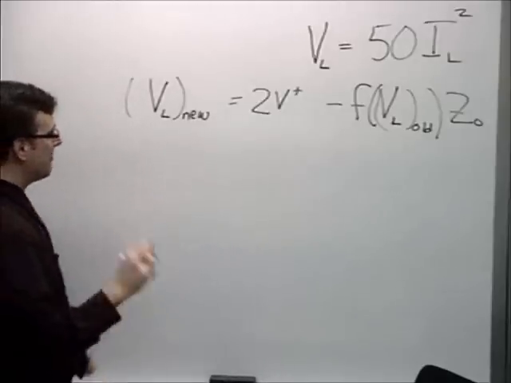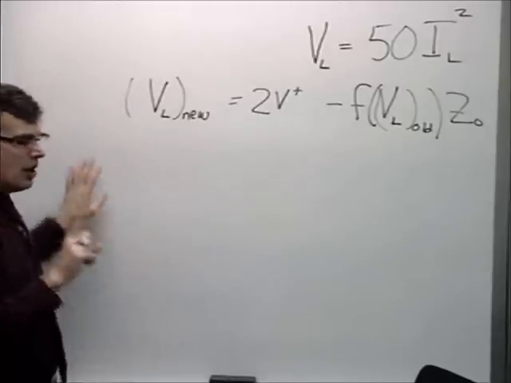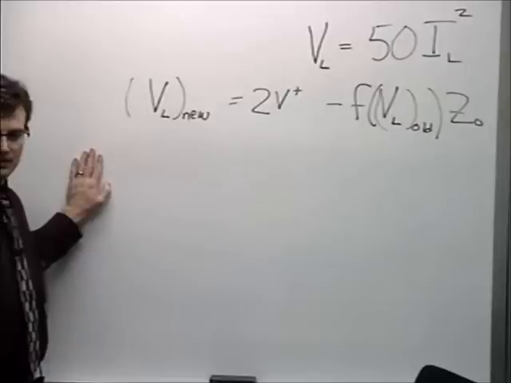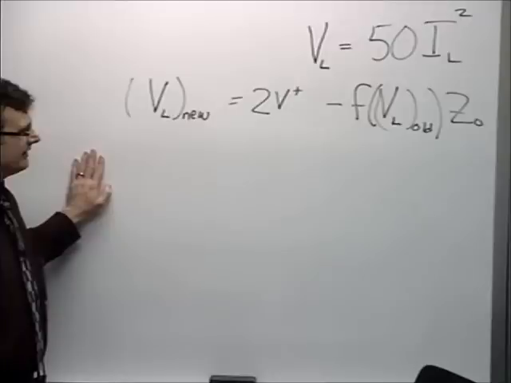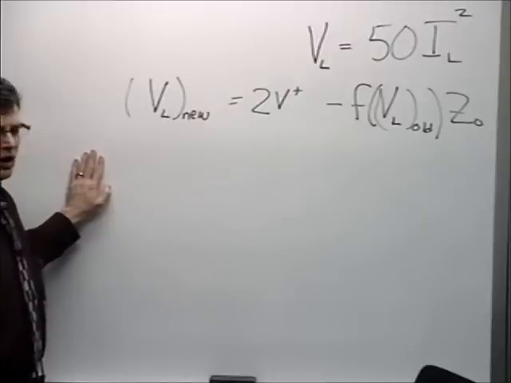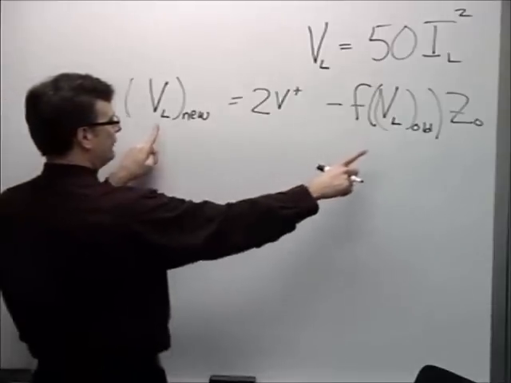And I skipped a step because I was a little bit sneaky. If you ever get in a situation where something is not converging properly, then you can always switch your V old and your V new. What do I mean by that?